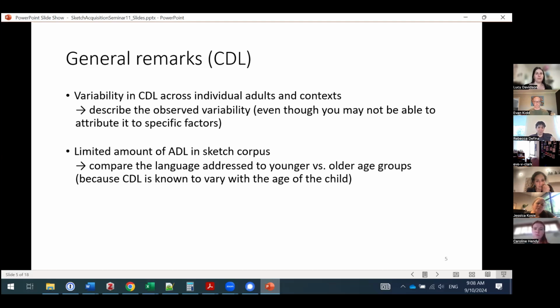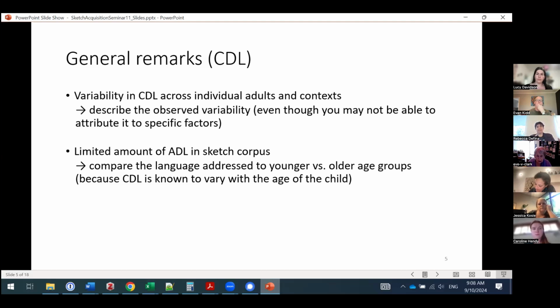And so what many of us did was compare a language that adults directed to younger children versus older children. So comparing typically the language directed to the 2-year-olds versus the language directed to the 4-year-olds. And sometimes also there were older siblings or other children, and you could compare to the language to those older children as well.